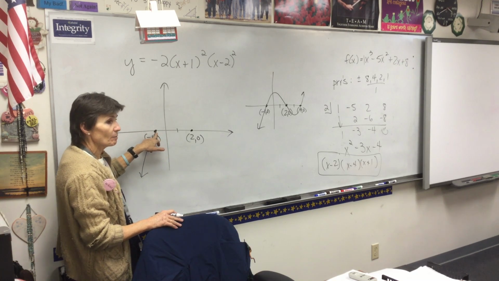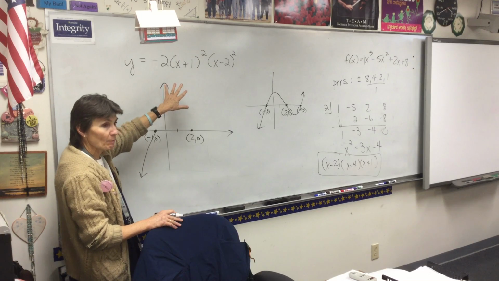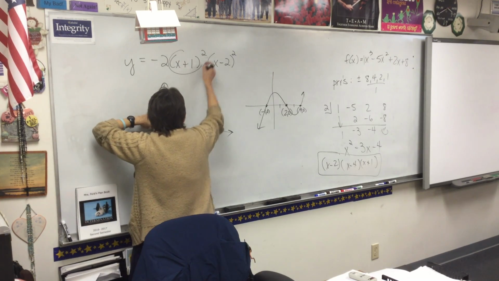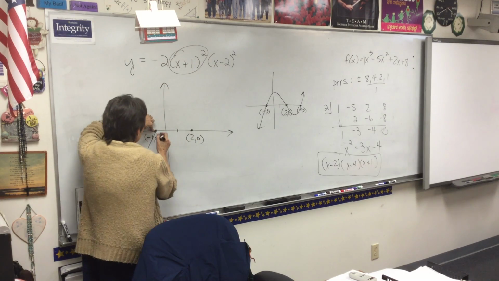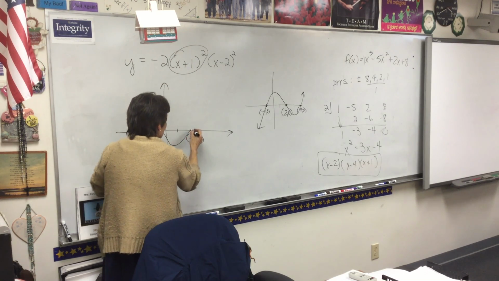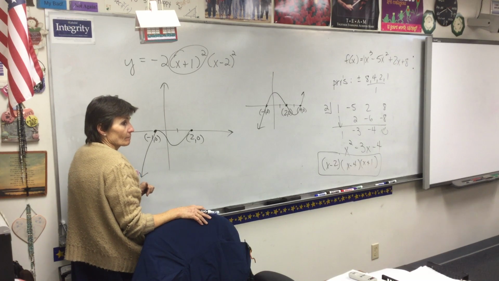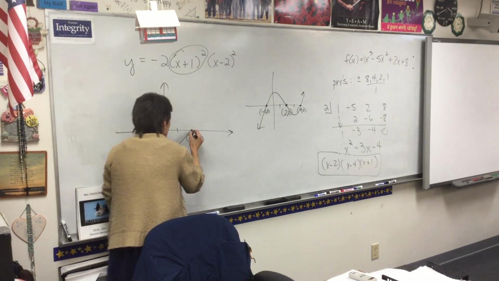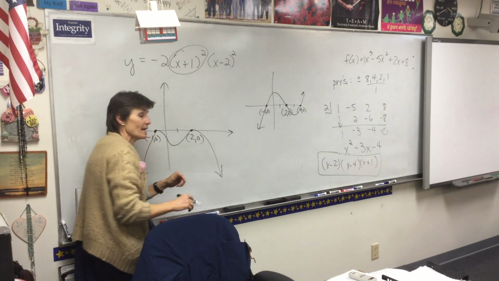As soon as I hit the point, I'm going to look up at my problem. That dot came from this parentheses, so it bounces back off. Bounces off again. That dot came from that parentheses, so it bounces back off again.